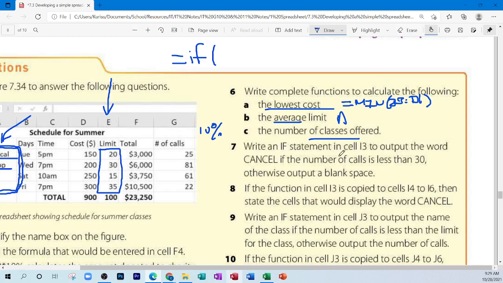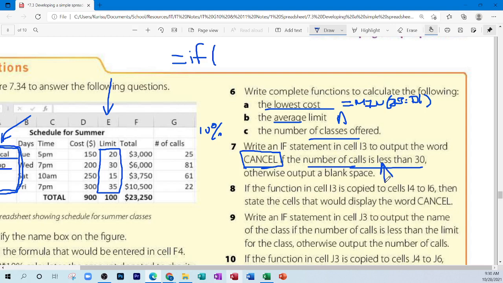So write an if statement in cell I3 to output the word cancel. So it's telling us to output the word cancel if the number of calls is less than 30. So that's our true value there. So output the word cancel. But we got to find our test. It's asking if the number of calls is less than 30.